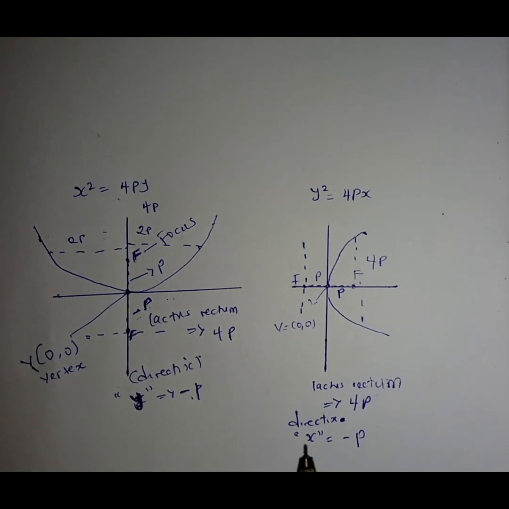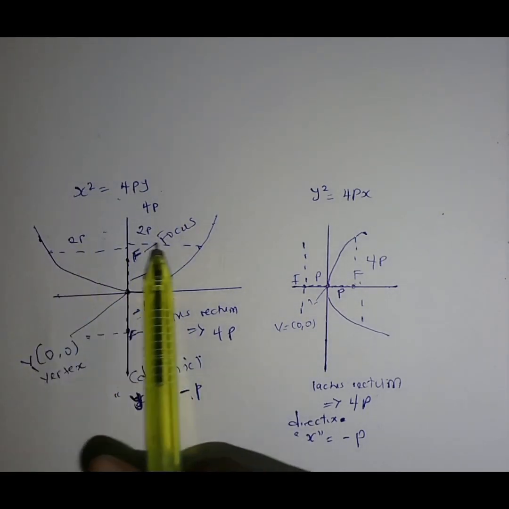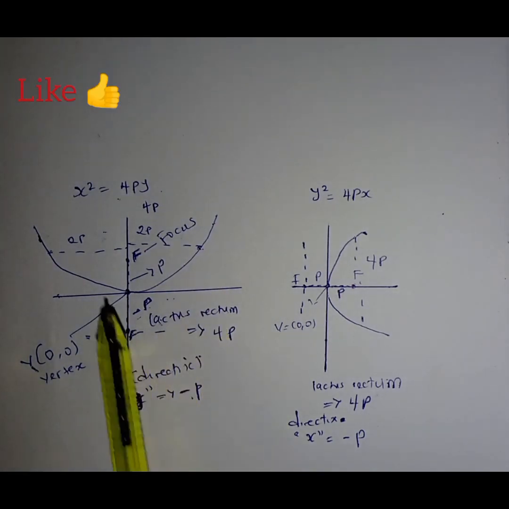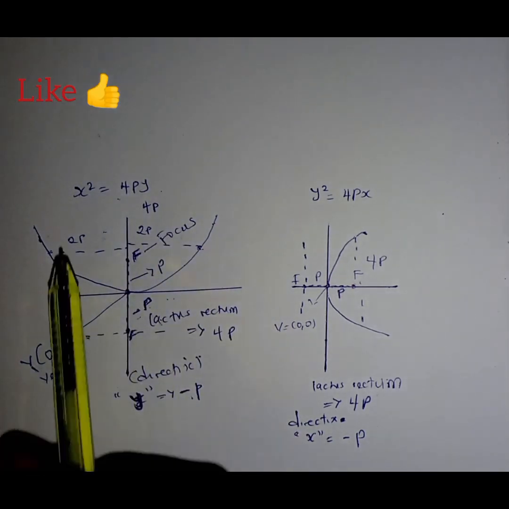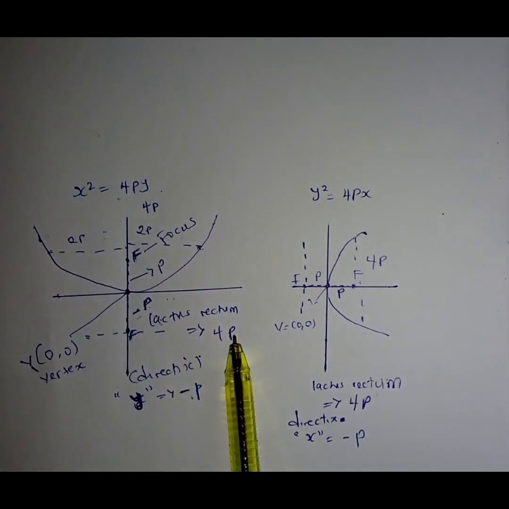I'll come over again. This graph is formed by the equation x squared equals 4py. The height from this place to this place is called the latus rectum, and by formula it is 4p, because this height is 2p and this height is 2p, making it 4p.